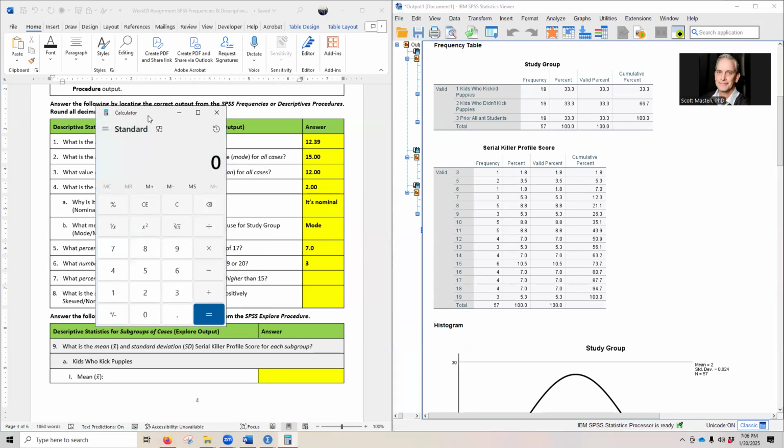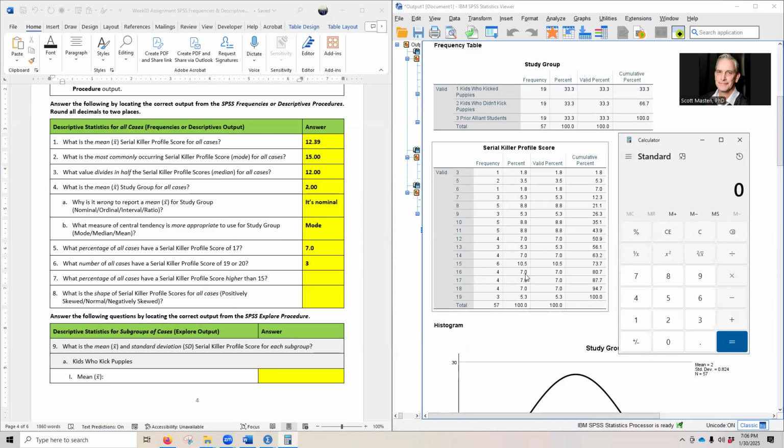We want the percentage of folks who had a score above 15, so that would be 7 plus 7 plus 7 is 21, plus 5.3, and we get 26.3. We added the percentages who had 16, 17, 18, or 19, because all those are higher than 15.